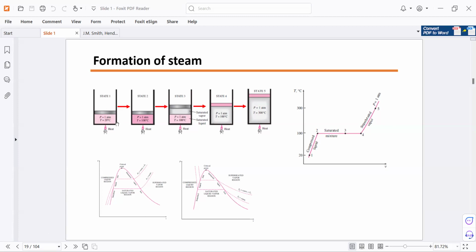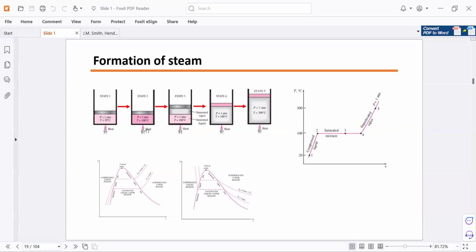The pressure is 1 atmosphere, but the temperature is 20 degrees. What do you think is the state of water? It's still liquid, still subcooled liquid, subcooled or compressed.